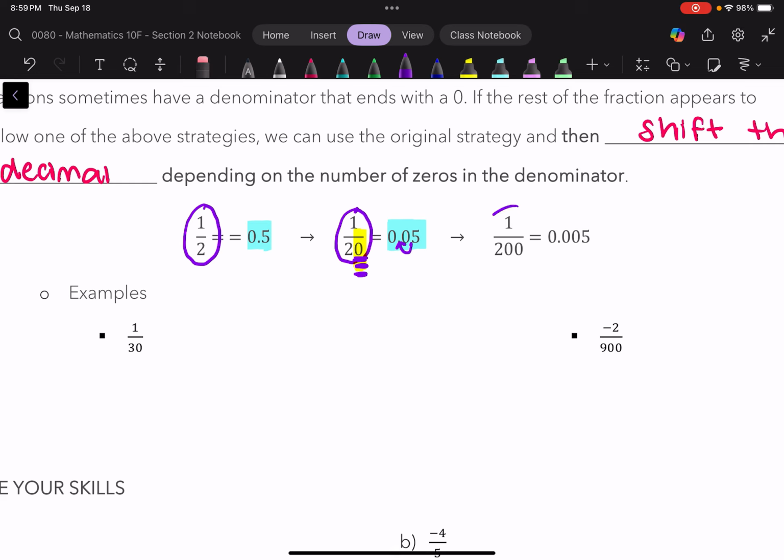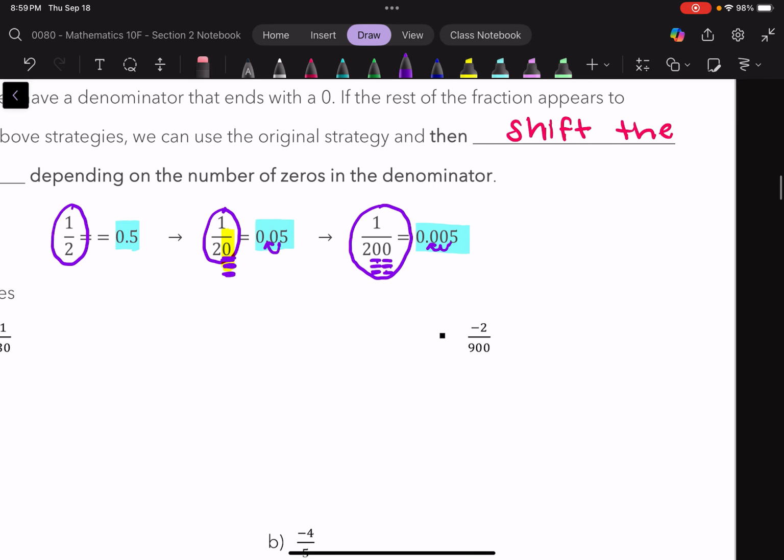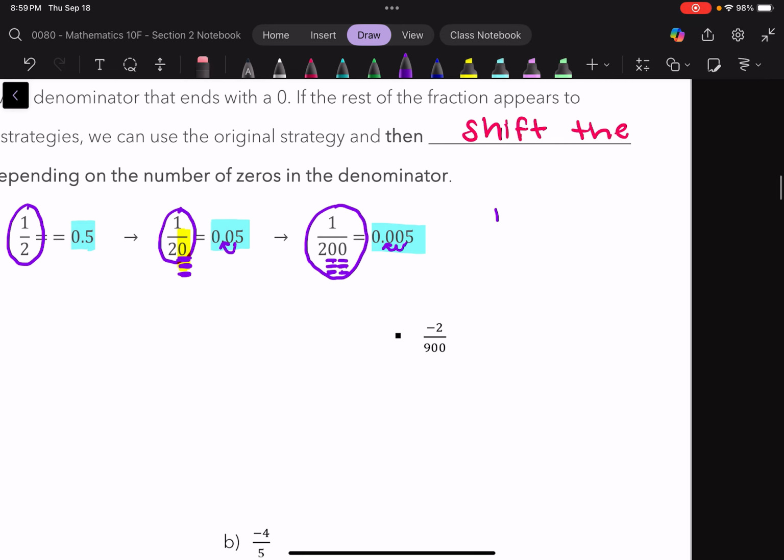If I notice in the next fraction, 1/200, that's 2 zeros that trail in the denominator. And if I look at the decimal conversion, 0.5 is what 1/2 is, but this answer has the decimal moved 2 places over because I have 2 trailing zeros in the denominator.